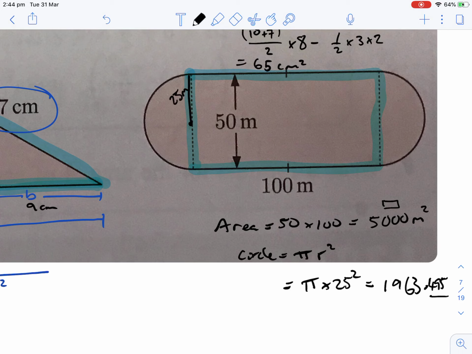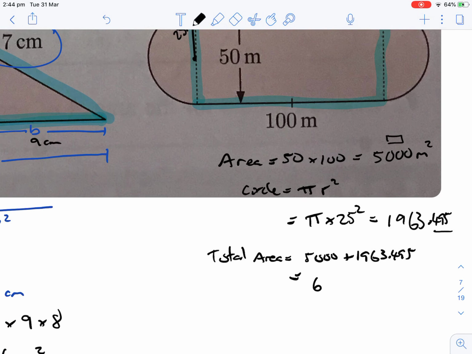And then I'm going to add my rectangle to that, so adding the 5,000. Then altogether I would have a total area which is equal to my 5,000 plus the 1,963.495. So altogether I've got an area of 6,963.495. Now this was being measured in metres squared, and so my decimals therefore mean centimetres, so it would make sense to go to 2 decimal places.